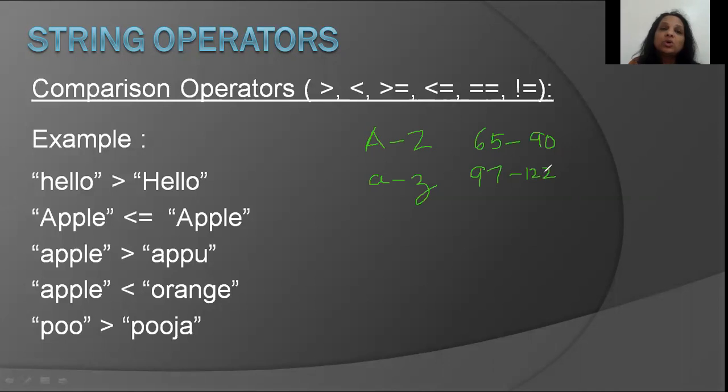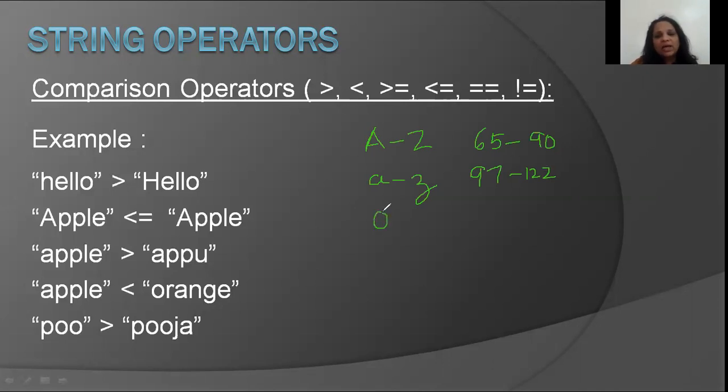They may also call it the Unicode value. It's the same because Unicode is a mechanism which actually took in ASCII values as it is and added more code. Okay, so ASCII value, Unicode, and ordinal values would mean the same.